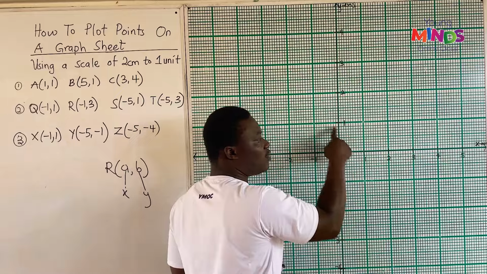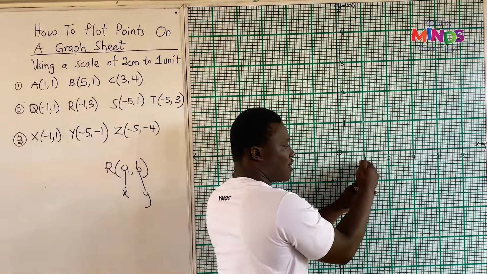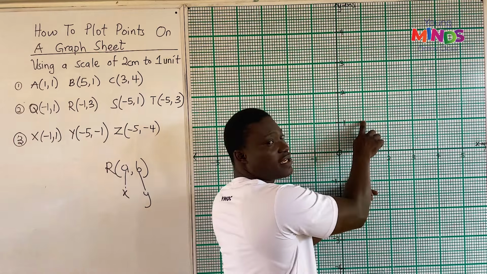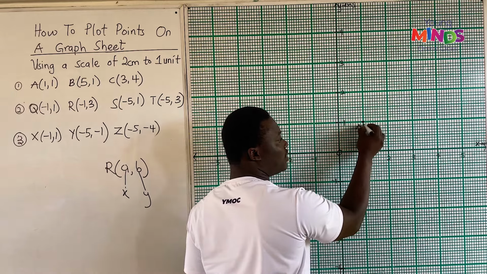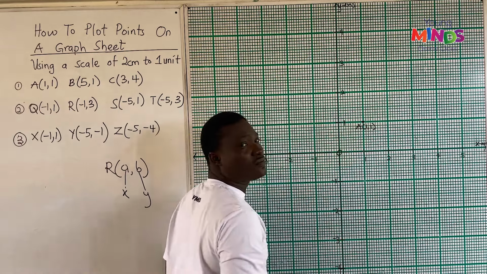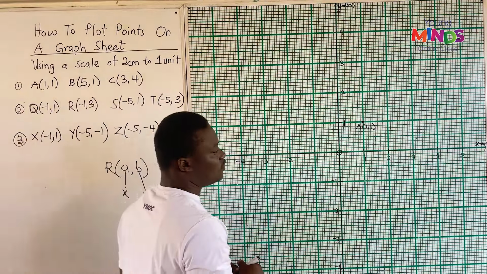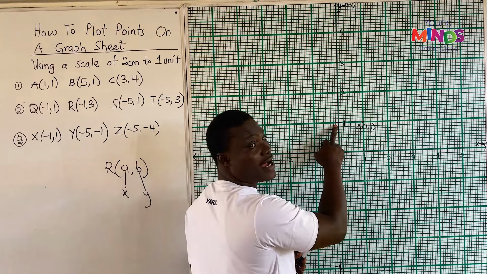Point A(1, 1). Now, you see the vertical line on the 1, then this horizontal line on this 1, they meet here. So then we'll put a point there and name that point A(1, 1). Point B(5, 1). So we'll get 5 on the x-axis and then 1 on the y-axis.